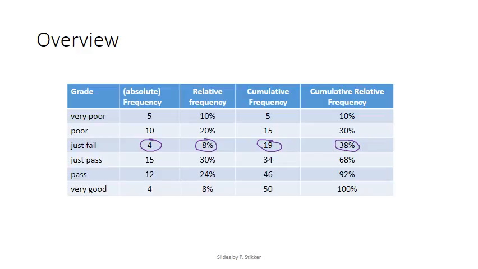Please note that the interpretation of the cumulative depends on how these are organized. In this case, it ranges from poor to very good, while we could have also done it the other way around, from very good to very poor. There's an alternative type of frequency that's connected to this, known as inverse cumulative frequencies, but I'll leave those for an optional segment.